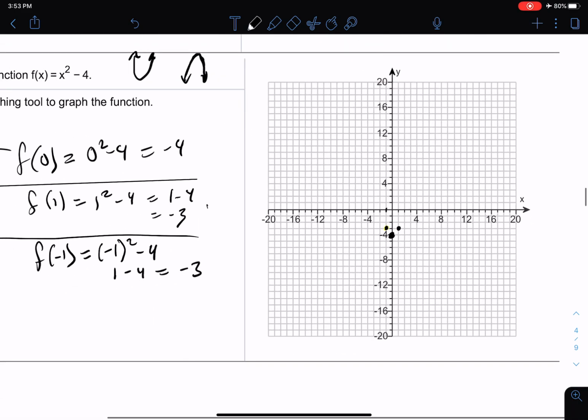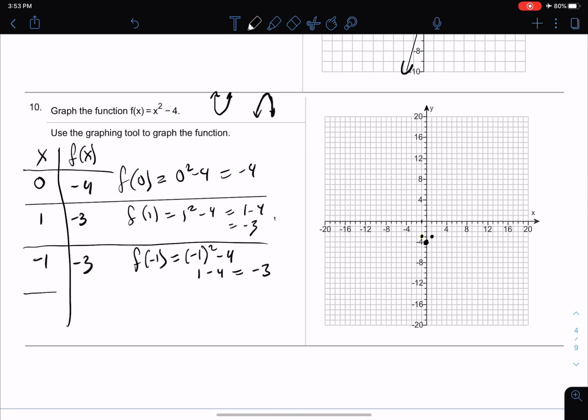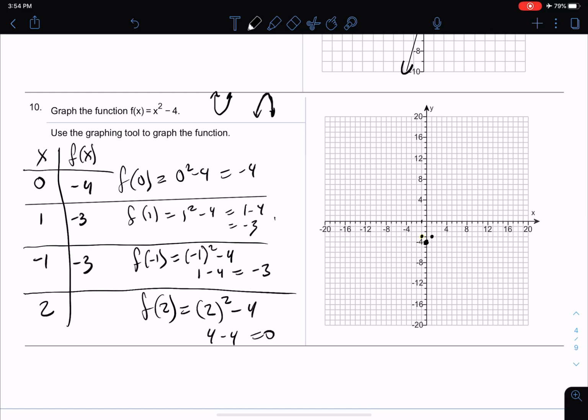Let me go ahead and put another, because those points are so darn close to each other. Let me put one more point. That's all you need, actually, 3 points to do this in my lab. But let me go ahead and get another point. How about 2? And if I put in a 2 for x, remember the function says to square the input minus 4. 2 squared is 4 minus 4. That gives me 0.